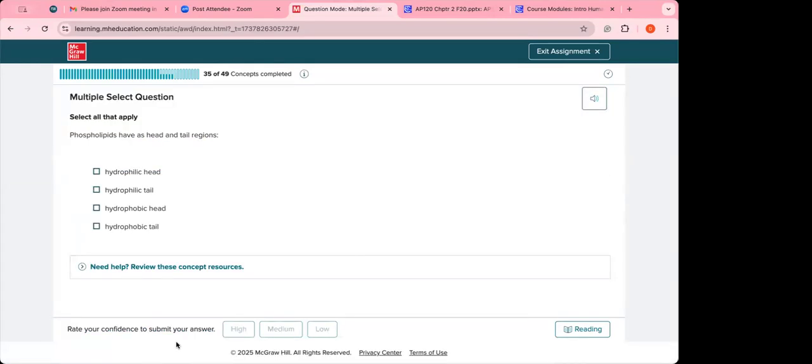Phospholipids have head and tail regions. So two of these answers are going to fit.